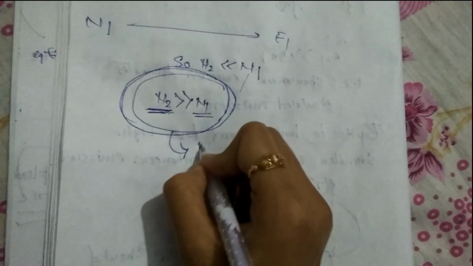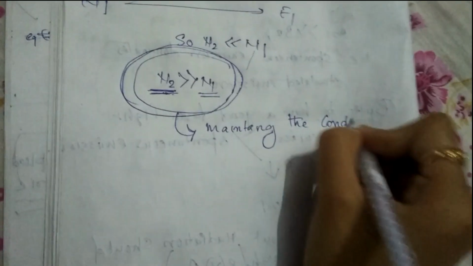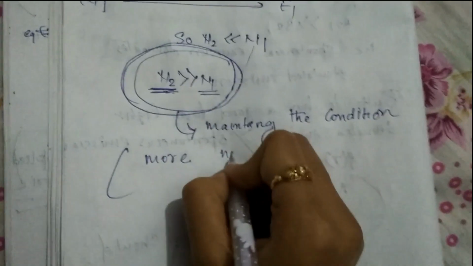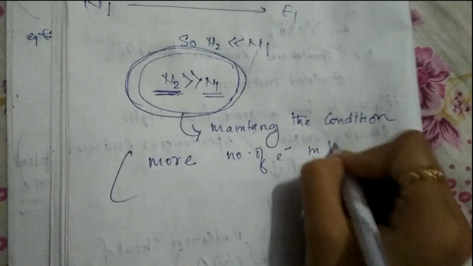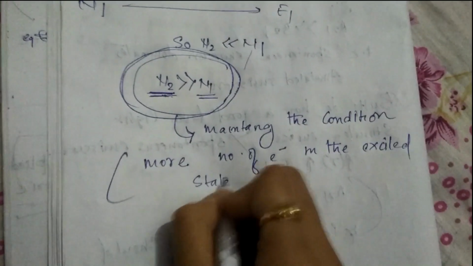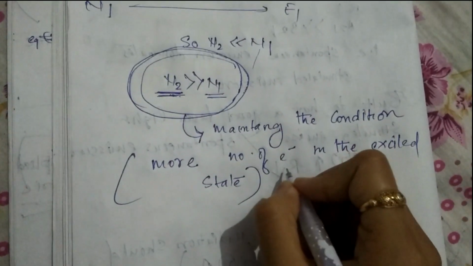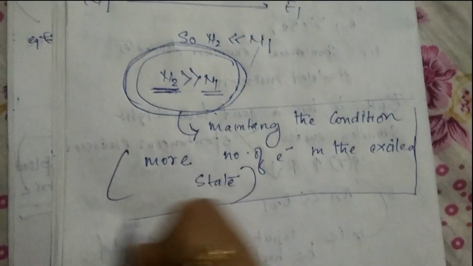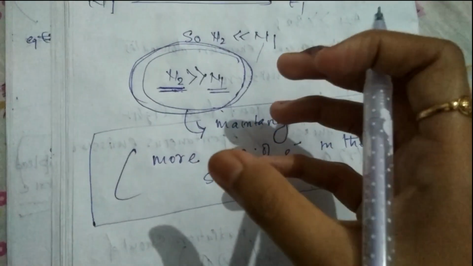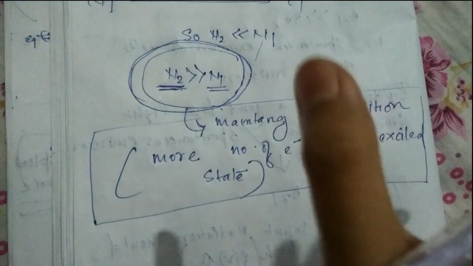That is, we maintain more electrons in the excited state than in the ground state by supplying some source of energy. This process is known as population inversion.